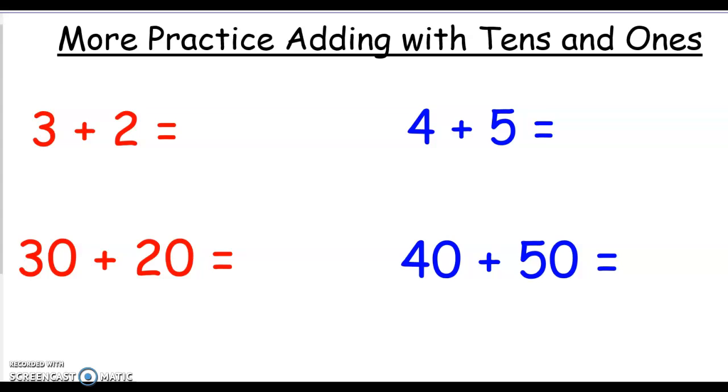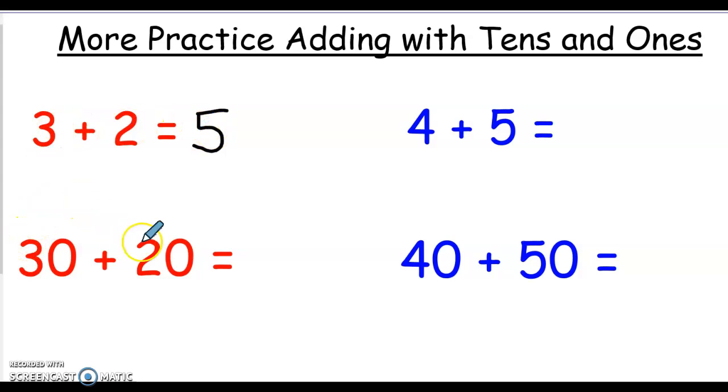Let's do some more. Okay, so here we have 3 plus 2. Do you know that answer? What's 3 plus 2? Yep, it's 5. Now, we're doing 30 plus 20. Okay, don't get scared by this extra 0, right, friends? You already kind of did the hard work.